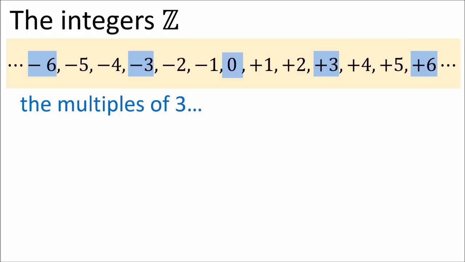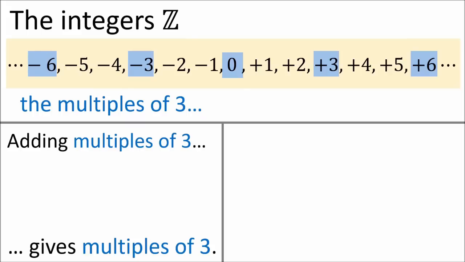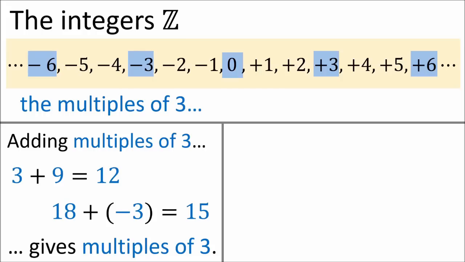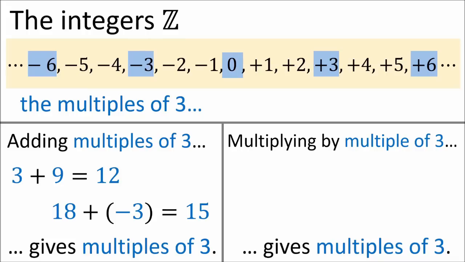The multiples of 3 are like a black hole because, once we get inside, it's difficult to escape. Adding any two multiples of 3 together will always give another multiple of 3. For example, 3 plus 9 equals 12, or 18 plus -3 equals 15. Also, multiplying any integer by a multiple of 3 gives us another multiple of 3.